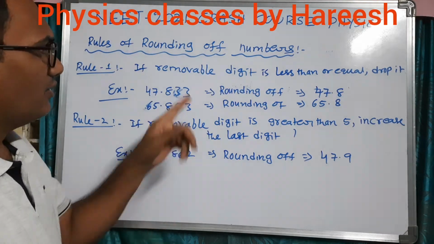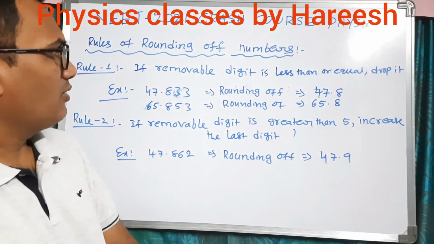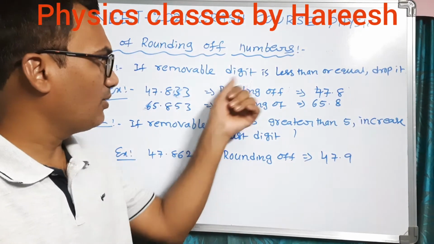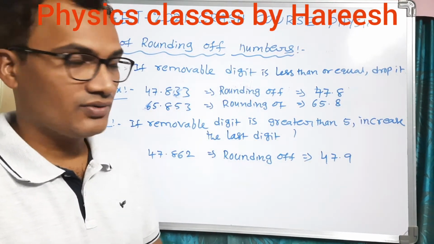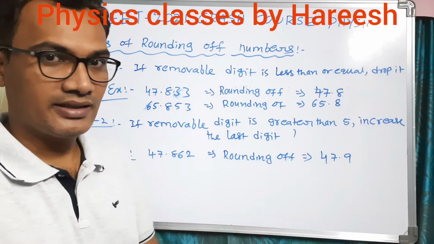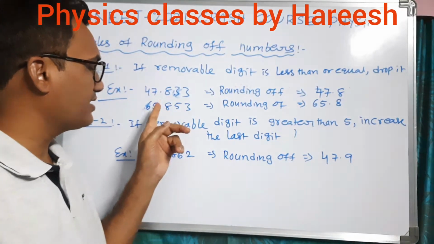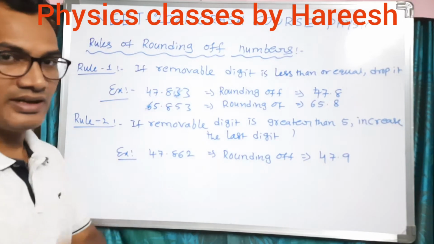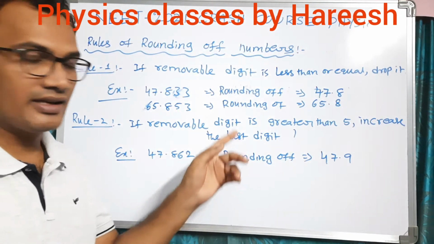Rule number 1: if the removable digit is less than or equal to 5, then drop it. By seeing this example, we can get a clear idea. 47.833 is the given measurement.